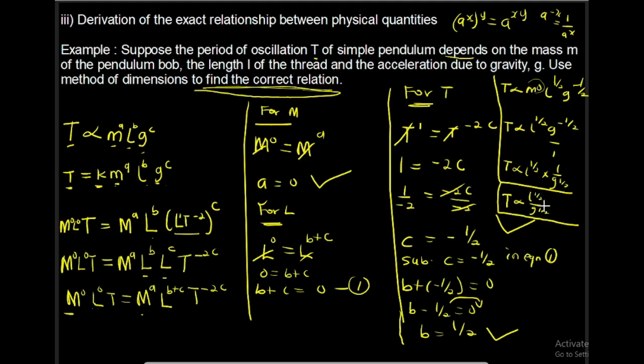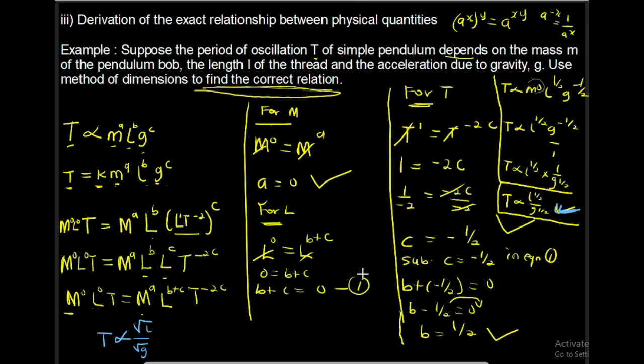Whenever we have half as power, it is the same thing as saying square root. So this final answer can still be simplified, and we can write it as t, being the period, is dependent on square root of L over square root of G. Raised to power half is still the same as square root.